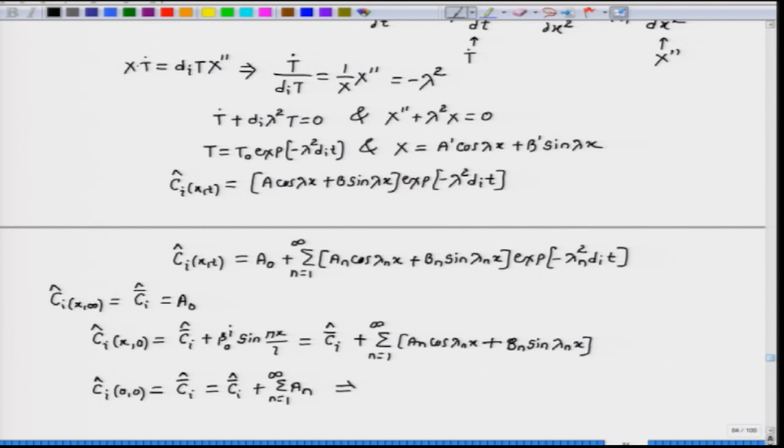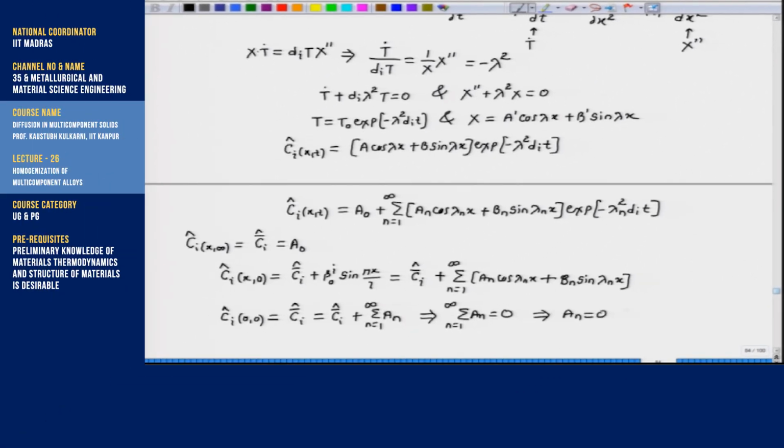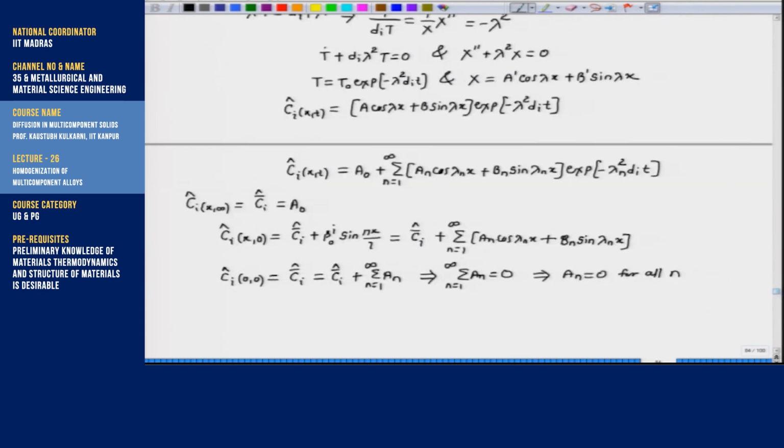What this essentially means is sigma a n should be equal to 0. Now, if this has to be true for all values of a n, then all a n's should be equal to 0. Then only this will be true. So, we have eliminated one term from here because all a n's are 0.